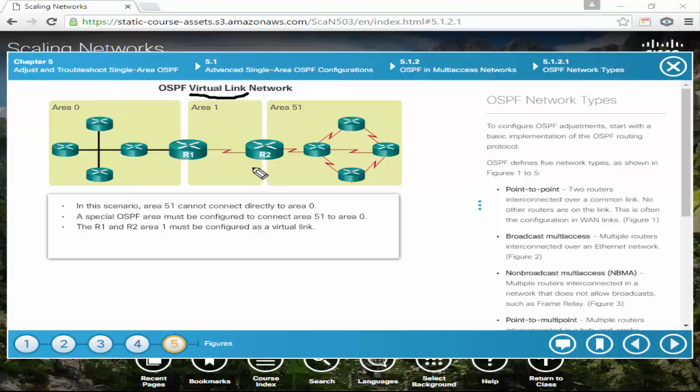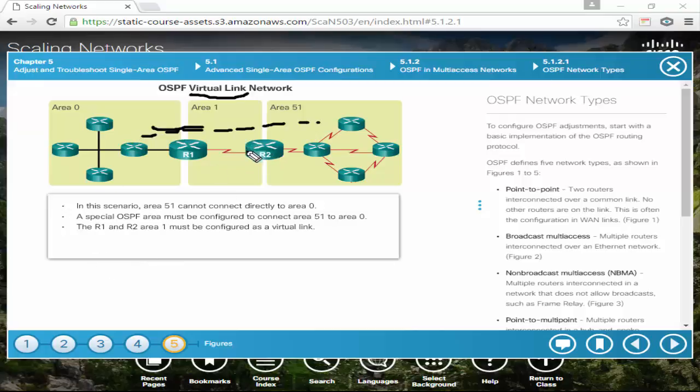A virtual link is, remember, all areas have to connect to the backbone area, which you know because we had to learn it in the last CCNA. Area 1 could connect to the backbone area and feed into it. Area 51 could not. So for Area 51, we program a virtual link.